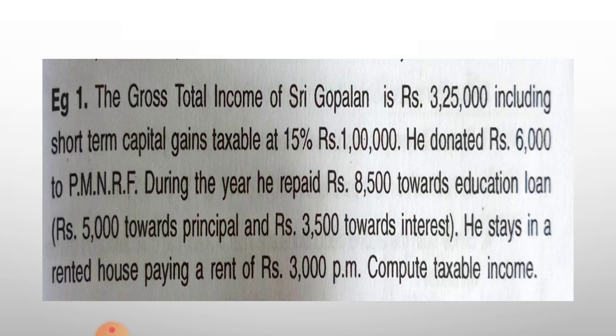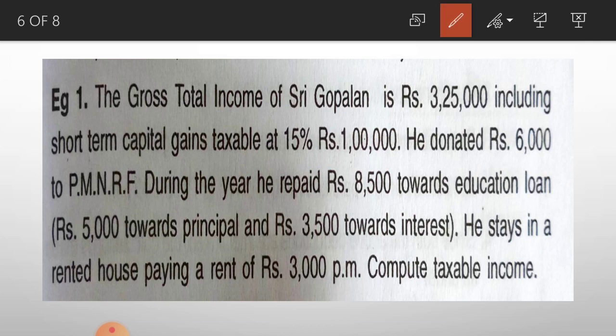During the year, he paid rupees 8,500 towards education loan, that is 5,000 towards principal and 3,500 rupees towards interest. He stays in a rented house paying a rent of rupees 3,000 per month. Compute taxable income. Here you have to calculate taxable income of Shri Gopalan.